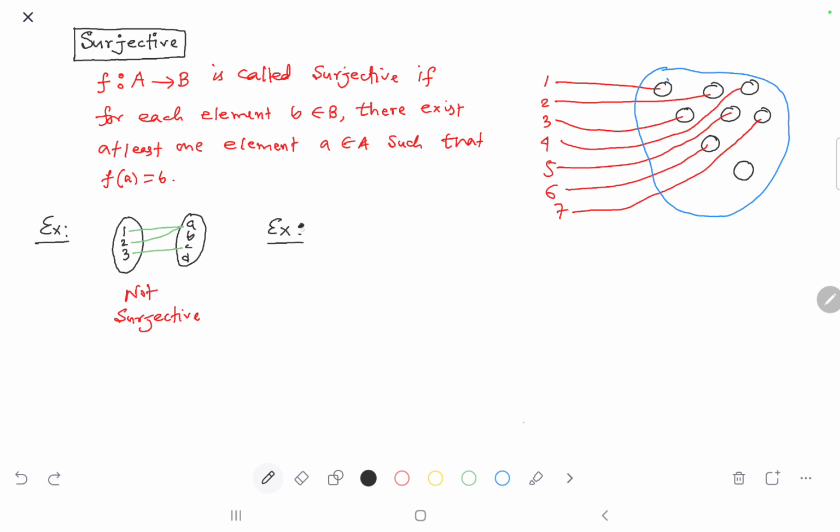I don't know how comfortable you are with functions. Depending on that, you can check immediately whether the function is surjective or not. So let me define a function f from N to N, natural numbers to natural numbers, by f(x) equal to 2x. Is this a surjective function?